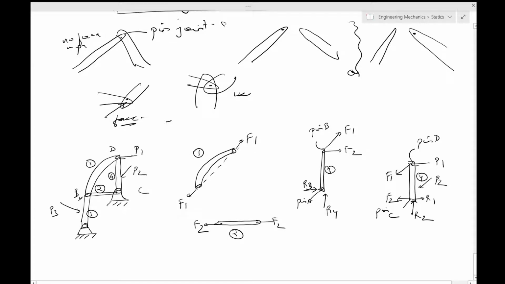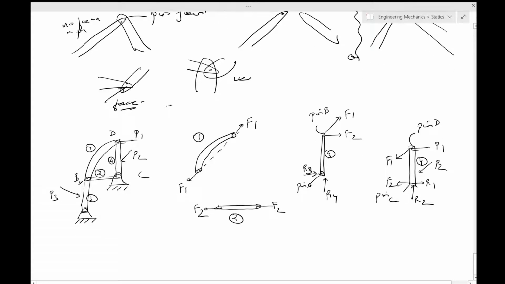Okay, now first of all, please look up at this system of 4 members, right? 1, 2, 3, 4. So this is a system of 4 members.